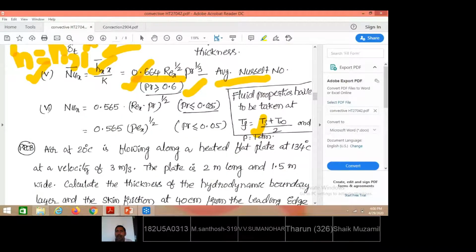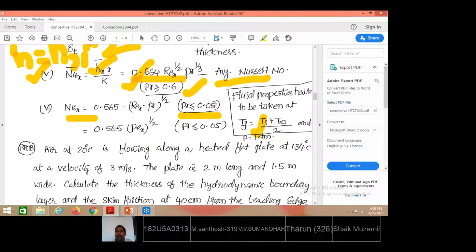If the Prandtl number, taken from the data book at film temperature, is less than 0.05, a different kind of Nusselt number relation must be used. The same Nusselt number relation cannot be used. Only when the Prandtl number is greater than 0.6, this relation must be used.